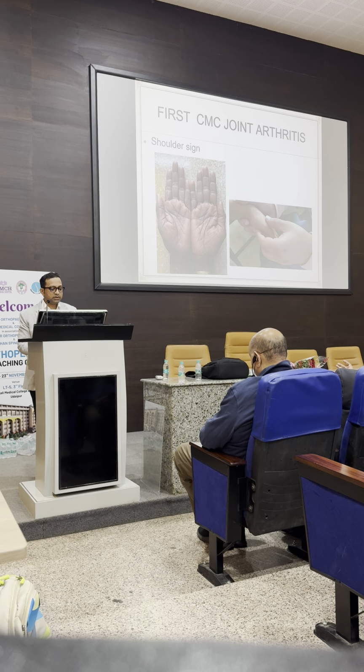The moment you see the difference, this is the shoulder sign. On the affected side, the first metacarpal has become almost straight compared to the opposite side. See, it is looking like a shoulder, right? On the left side, that shoulder sign is completely lost.